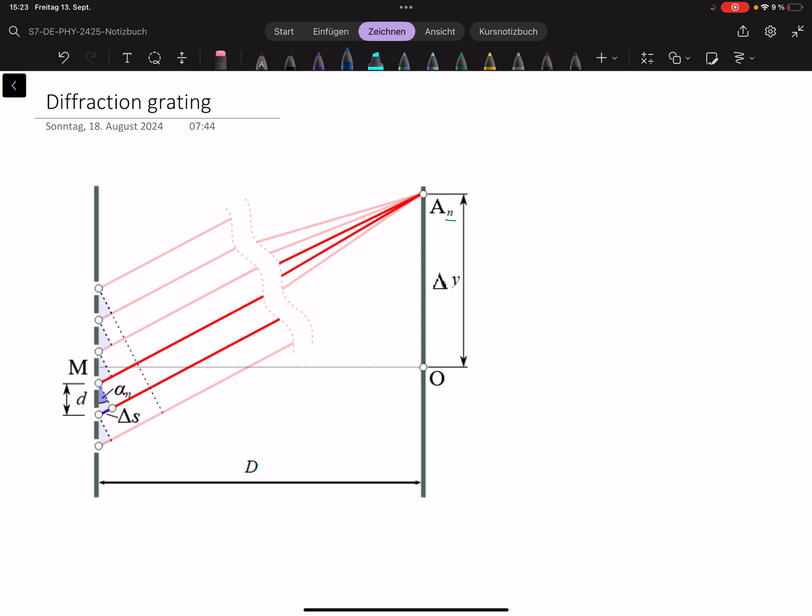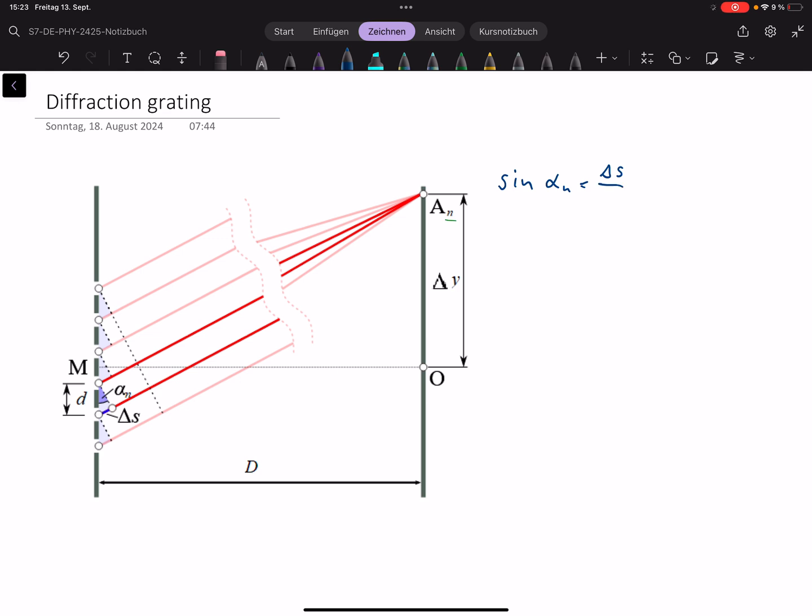So, as we know, the sine of the angle, and here we've got alpha n, where n again is the order of the maximum, is our delta S, the path difference, divided by d.